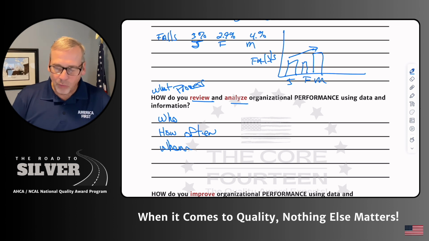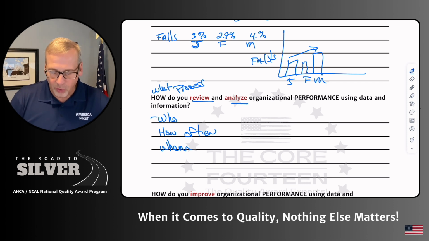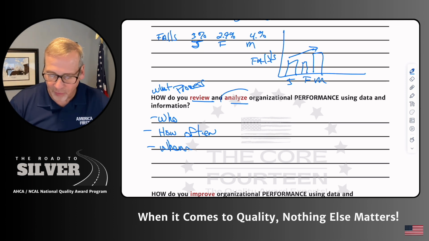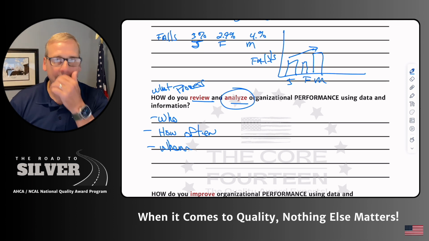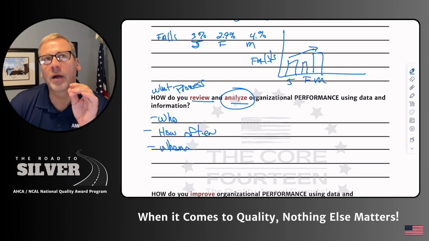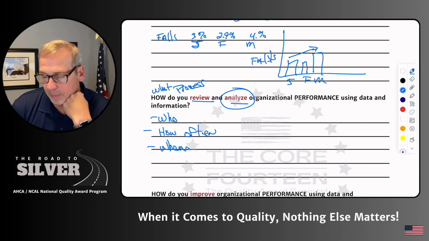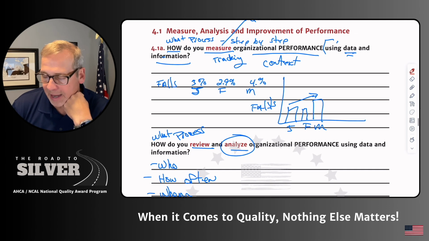And I also want to know, so not only do I want to know who, how often, and when, but I also want to know your process for analyzing. And analyzing can take on a couple of different forms. Let me change my little color of pen here to red, so I'm going to add something here.